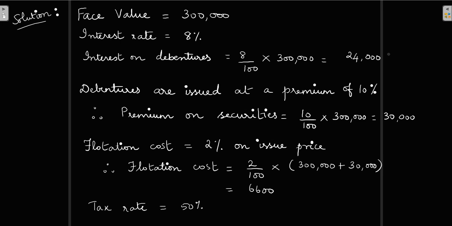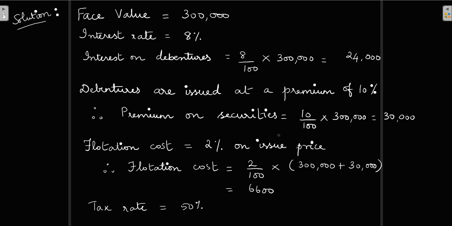So the face value is 3 lakhs. Interest rate is 8%. So the interest on debentures is 8% on 3 lakhs, which is 24,000. Since the debentures are issued at a premium of 10%, the premium value is 10% on the face value 3 lakhs, that is 30,000.